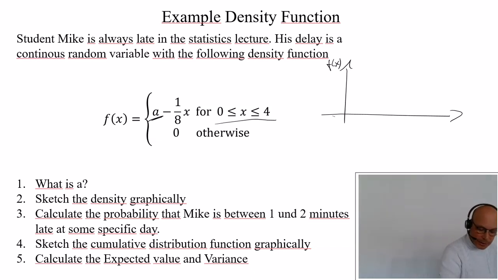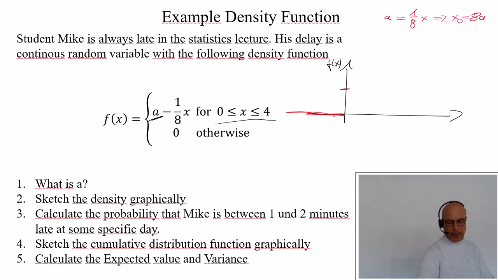Of course, it is 0 in the negative part of the real numbers. Then we have a, and setting a equals 1 over 8 x, we have x0 equals 8a.